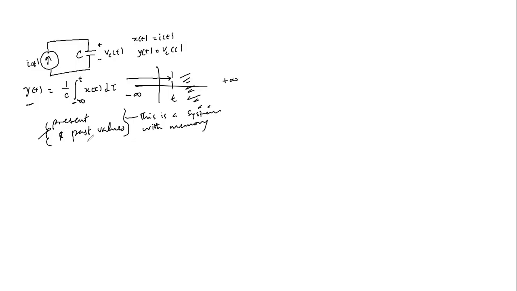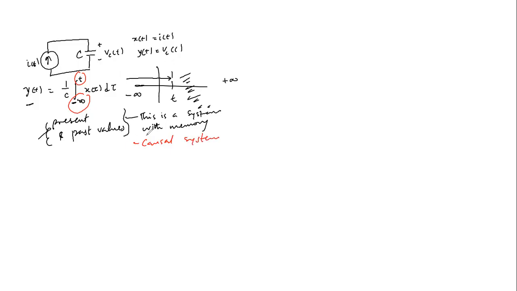And also, you will notice that the output does not depend on future inputs. So meaning it is not a non-causal system. Since it depends on the past and on the present input, then it means it is a causal system.